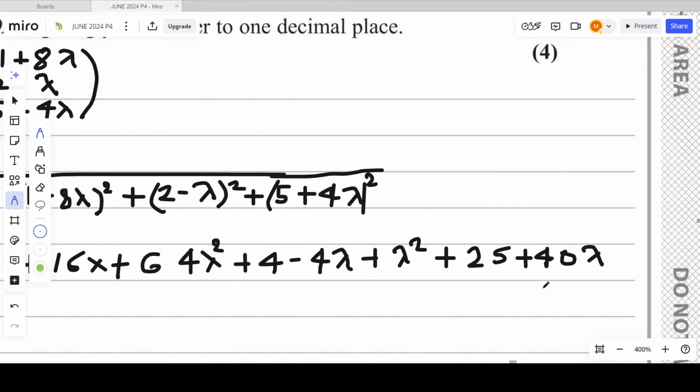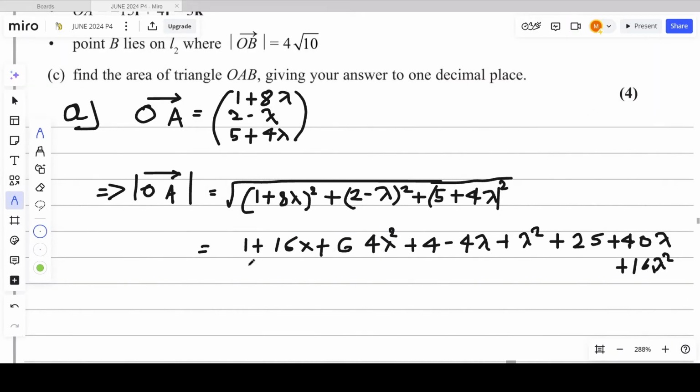So this is 1 plus 16 lambda plus 64 lambda squared. Then 4 minus 4 lambda plus lambda squared. Then 25 plus 40 lambda plus 16 lambda squared. Then it has a whole square root on it.